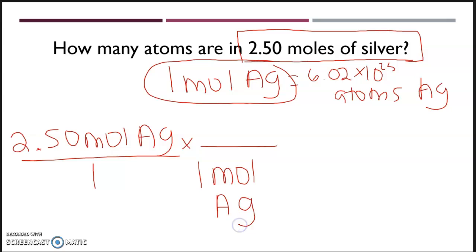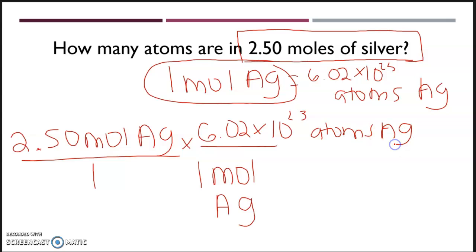And on the other side, you write what 1 mole of silver equals, which is 6.02 times 10 to the 23 atoms. And then moles Ag cancel out, and we're left with the unit atoms of silver, which is what we wanted.